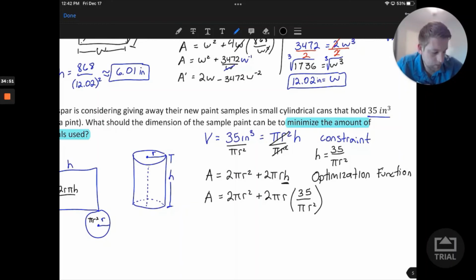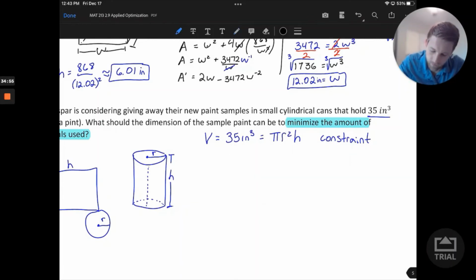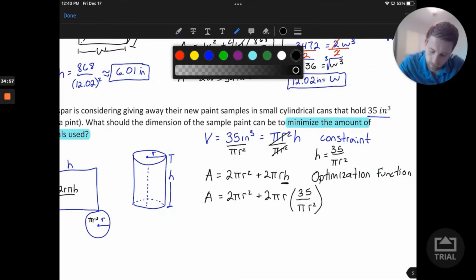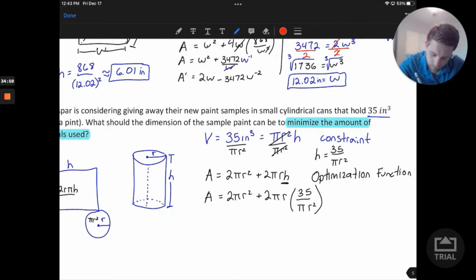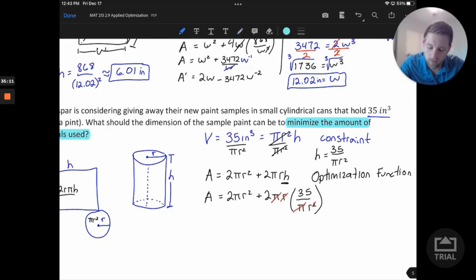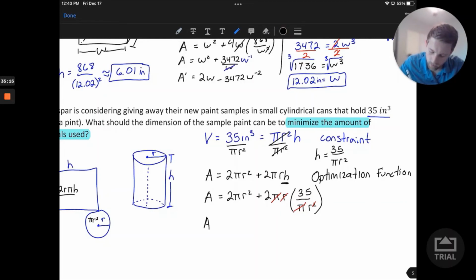Okay. Let's continue the process. We'll do a simplification step here. It looks like we could reduce down our r quantities, the pi's will also cancel out to 1, and we'll just be left with 2 times 35 divided by r. So we'll rewrite that one time. We have area equals 2 pi r squared. That doesn't change.